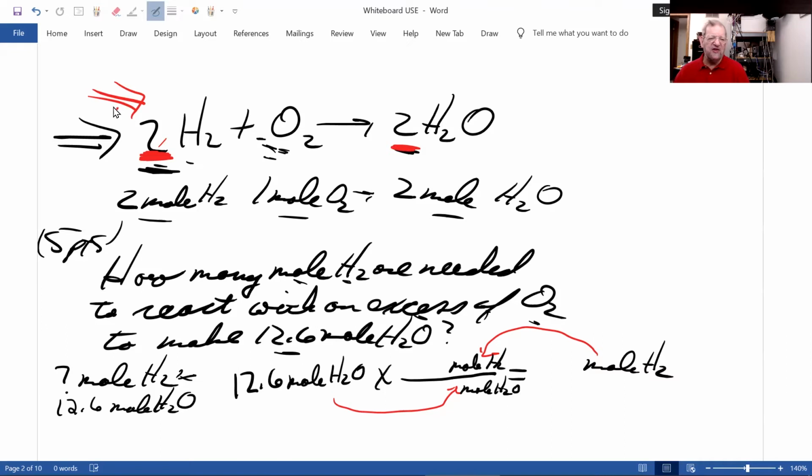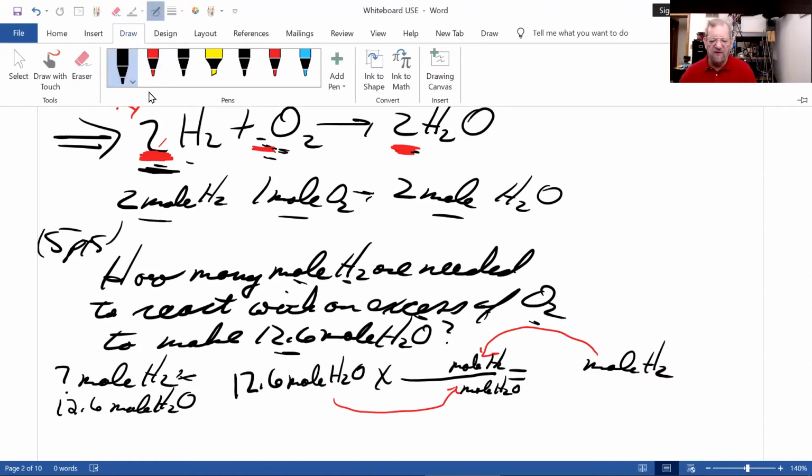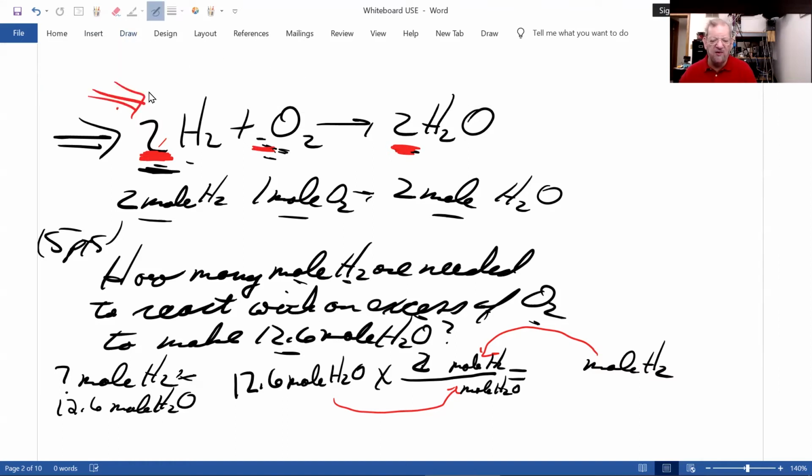Remember, the coefficients of a balanced chemical equation give you molar ratios. 2 moles of hydrogen, 1 mole of oxygen make 2 moles of water. Therefore, for every 2 moles of hydrogen, how many moles of water do I make? 2. Now, let me remind you, both of these numbers are exact numbers. Coefficients of balanced chemical equations are exact numbers and do not play a role in significant figures in the calculation.